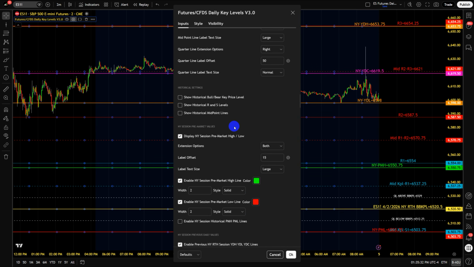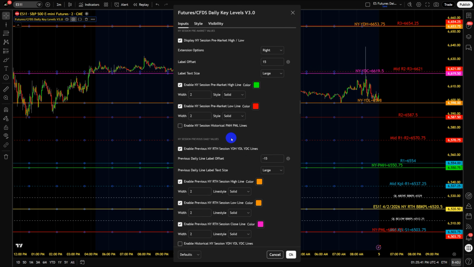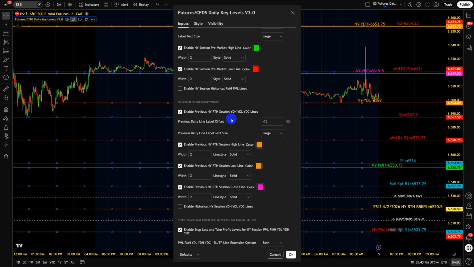And if you also want to look at historical pre-market high and low, you also need to change that to right. By default, the YDH, YDL, and YDC are just to the right by default, so there is no option to select both or left or right on those.